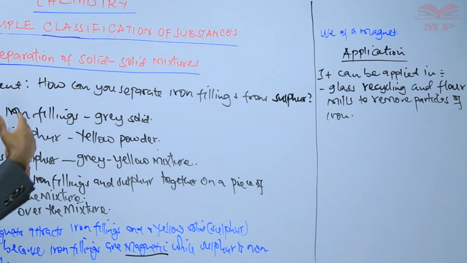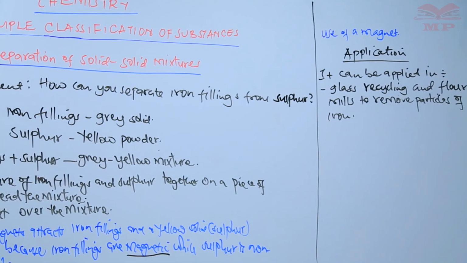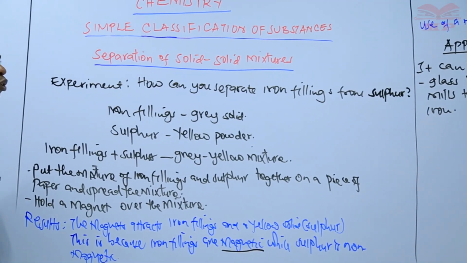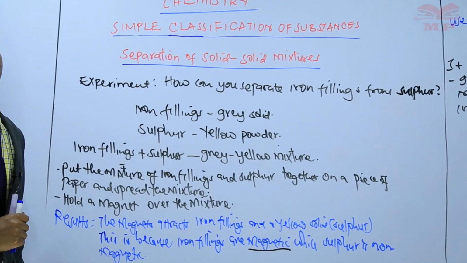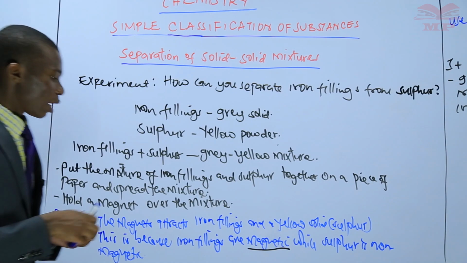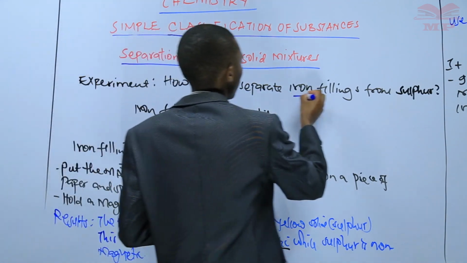And then briefly to remind you of what we have said in this lesson. In this lesson, we are looking at separation of solid mixtures, and the solid mixture we are discussing is iron filings and sulfur.